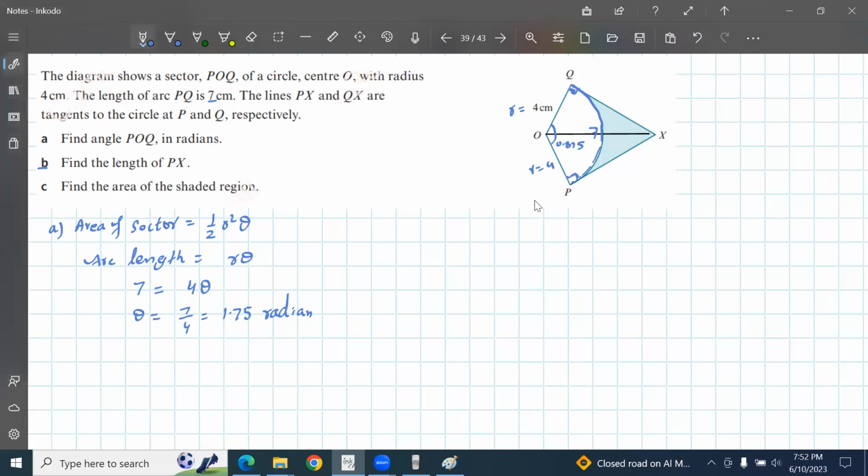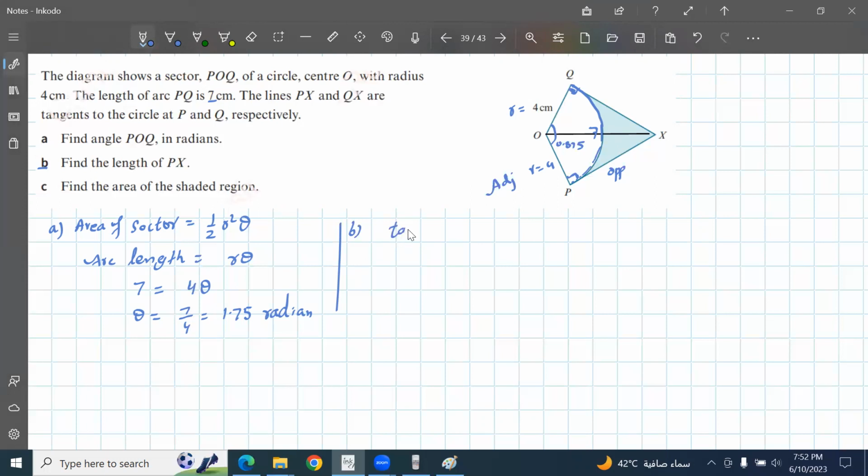Fine. So we can apply the simple trigonometry ratio concept: sine, cos, tan. Remember that we are looking for PX. If you are considering the angle at O, then OP is the adjacent side. And here we have a right angle at P, so PX is the opposite side. This is opposite, this is adjacent. So in part B, opposite over adjacent is tan.